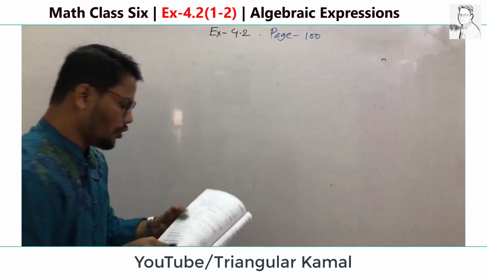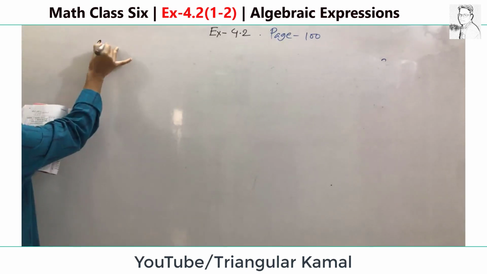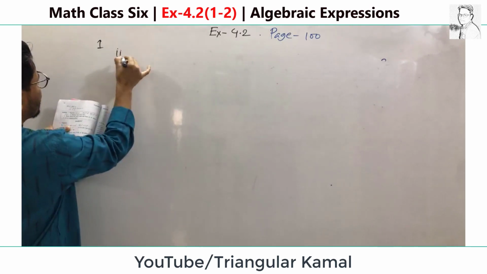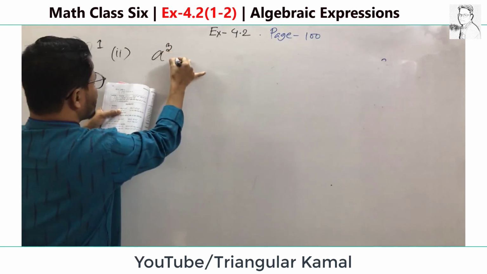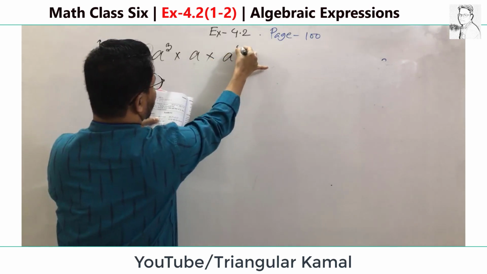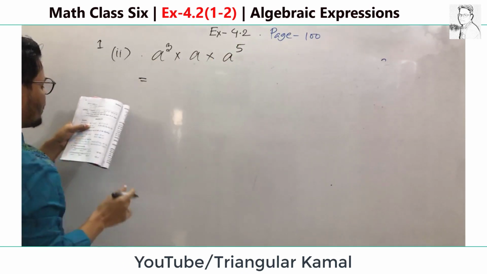The first question, what we see here, number 1, 2. Do the simplification here. This is a to the power 3 multiplied with a to the power 5. Okay, my dear students, what will be the answer here?